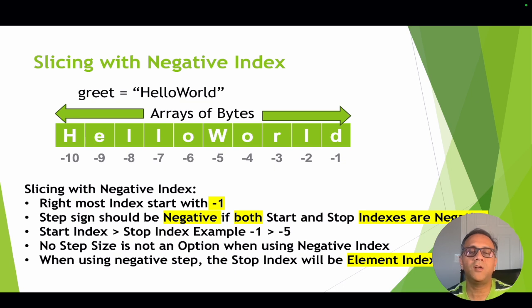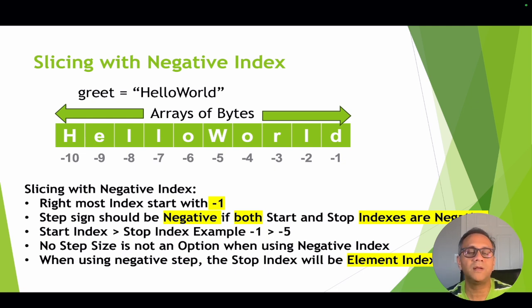For example, if you are going from right to left, then -1 is the start index, and let's say -6 will be your stop index. But you can see -1 is greater than -6, right? So that's why I'm saying the start index will always be greater than the stop index when you're using negative indexing.